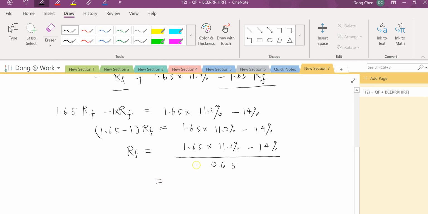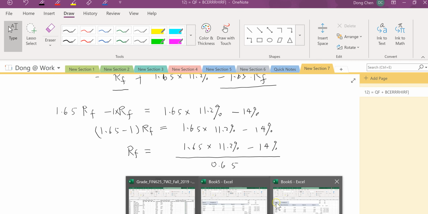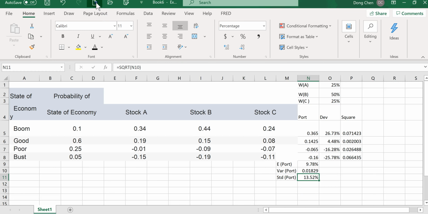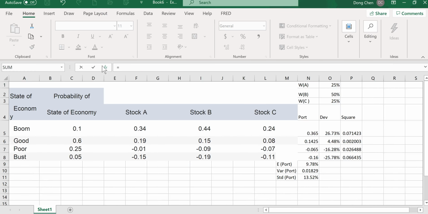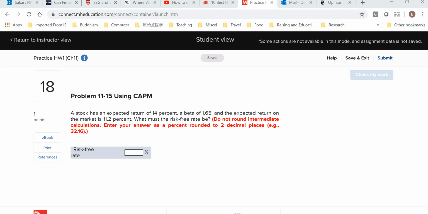Then we can solve this by whatever means. You can use Excel or your calculator, whichever is more convenient for you.